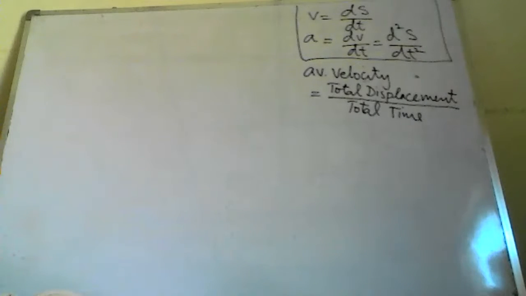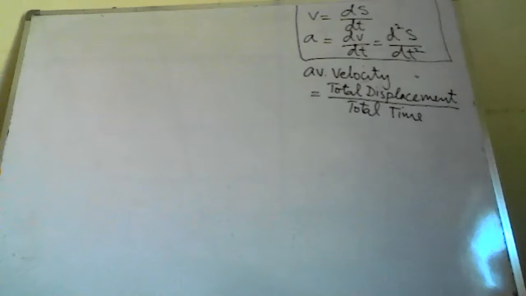Now we will do the exercise 3.3. From question 1 to 6, given the position s equal to f of t of a body moving on a coordinate line with s in meters and t in seconds.